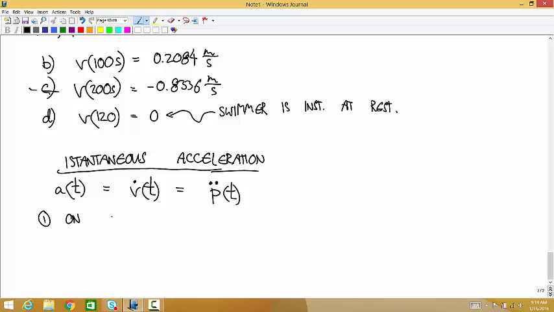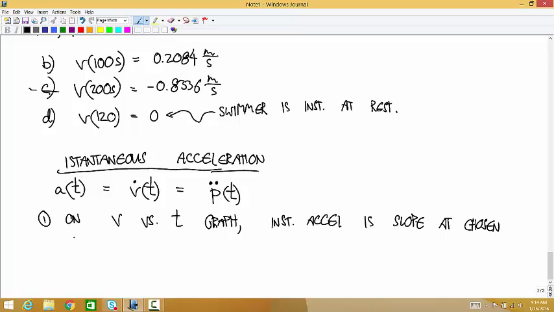On a velocity versus time graph, the instantaneous acceleration is the slope at the chosen instant. What we're going to use more often is position versus time graphs.